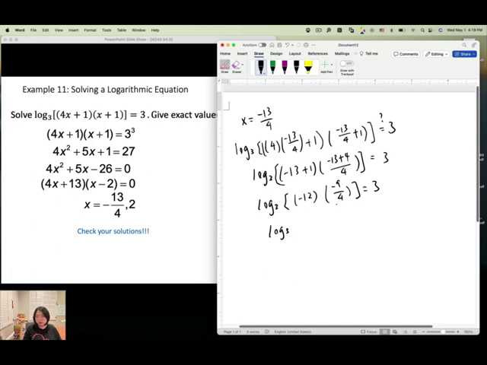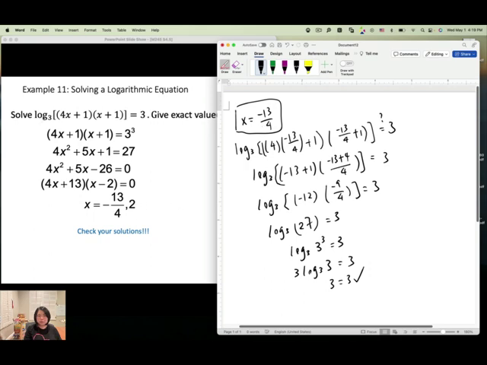Negative times negative becomes positive, divided by 4. 3 times 9 is 27, that will be 3 to the power of 3 equal to 3. And then this is the exponent, we could put it in the front. Log base 3 of 3 will be equal to 1. So this is good. This is going to be the correct answer.